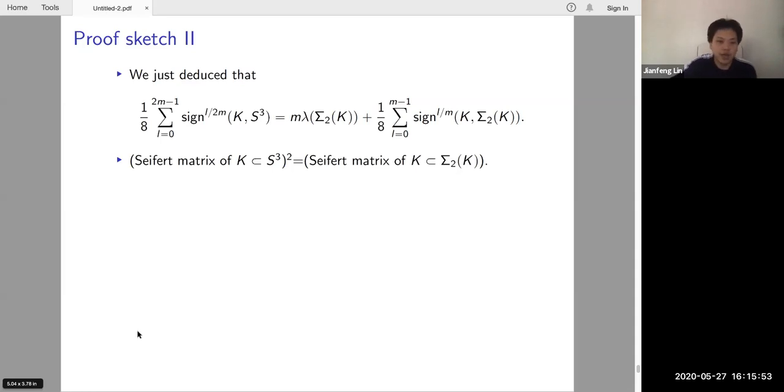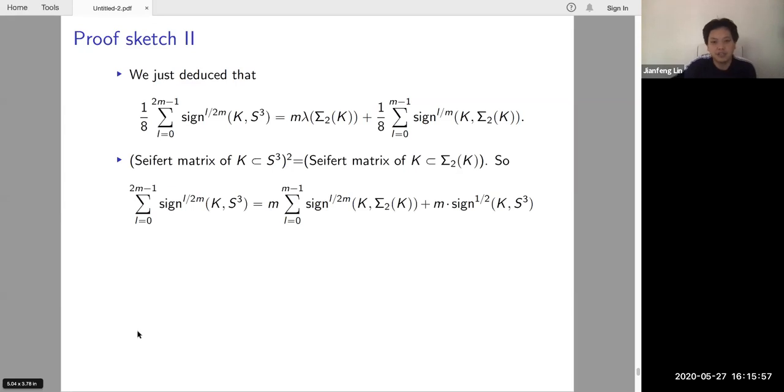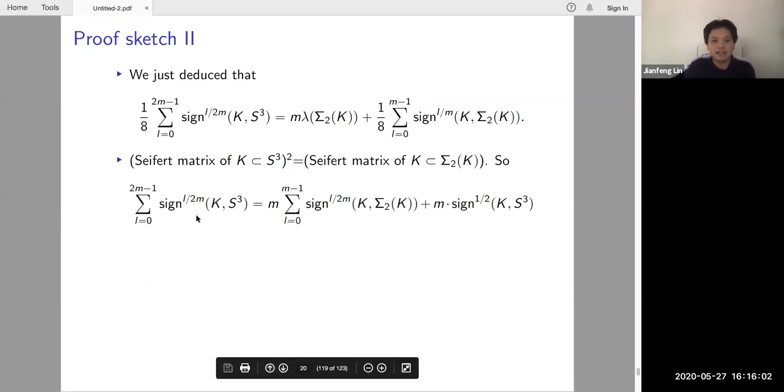Essentially using this relation and some linear algebra, you can deduce that the signature of K inside S^3 and the signature of K inside Σ_2(K) are related to each other by an additional term, which is m times the classical signature of K.